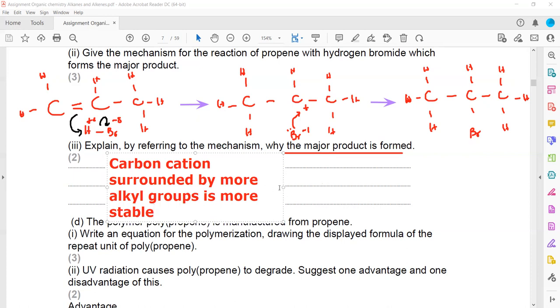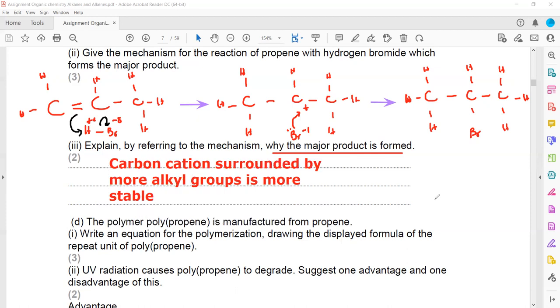So in this case, it is a secondary carbocation. Why secondary? In the major product, the carbocation is surrounded by 2 carbon atoms. In the minor product, the carbocation is surrounded by 1 carbon chain. So that is called secondary, and this one is the primary carbocation.